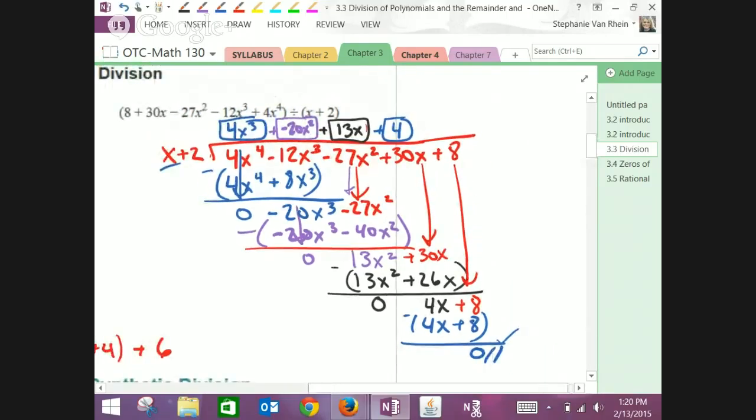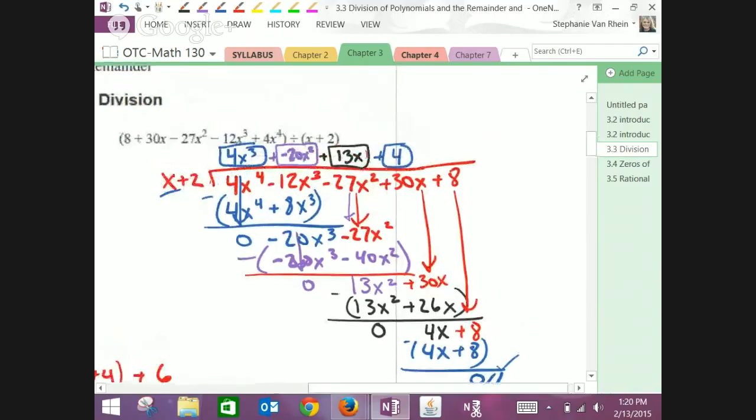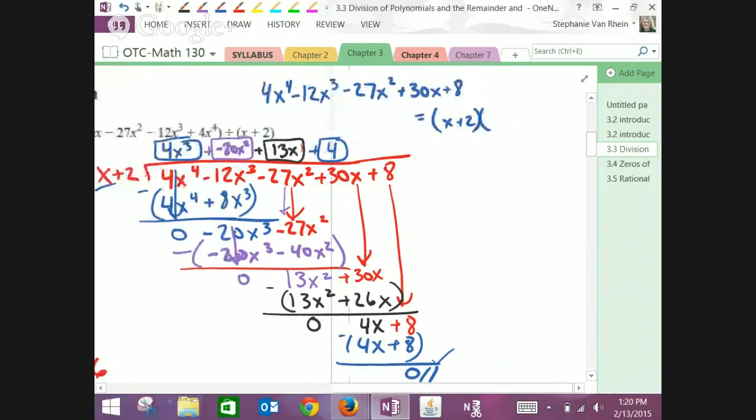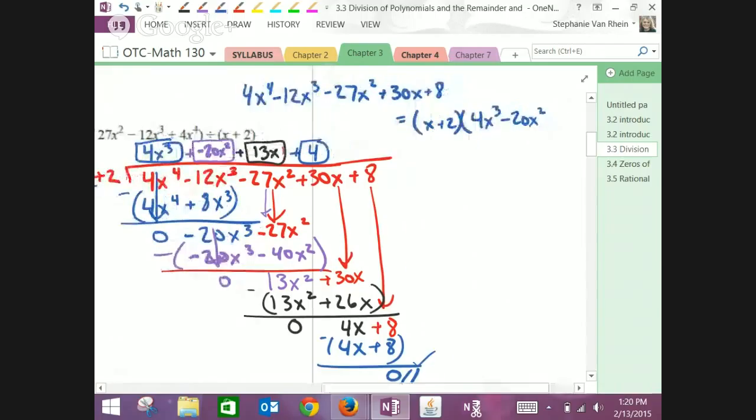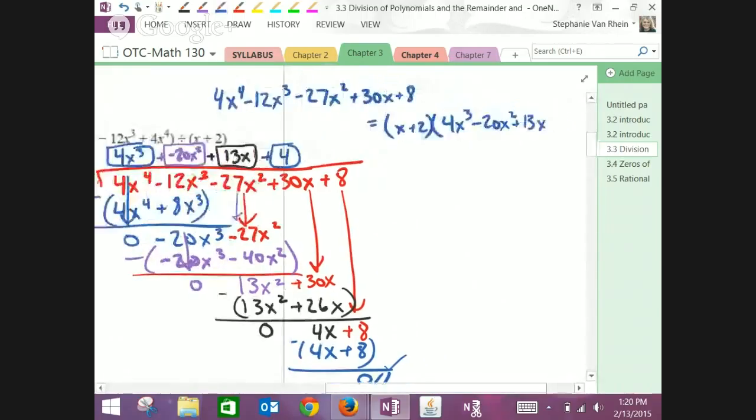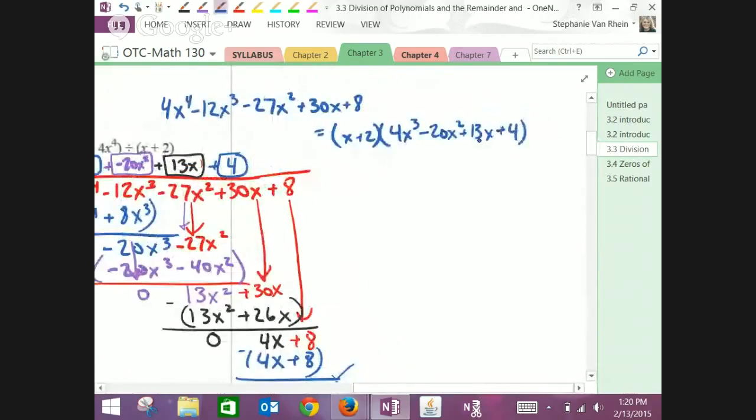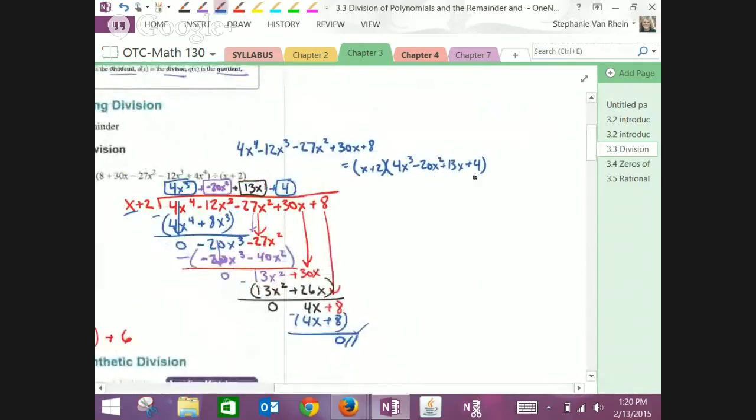That means I can write out this polynomial as 4x to the 4th minus 12x cubed minus 27x squared plus 30x plus 8. I could write that as x plus 2 times 4x cubed minus 20x squared plus 13x plus 4.